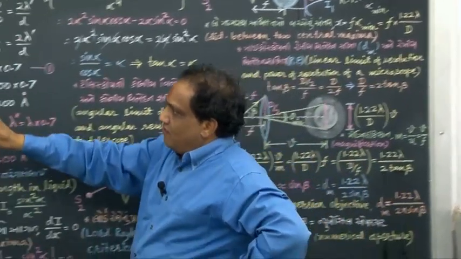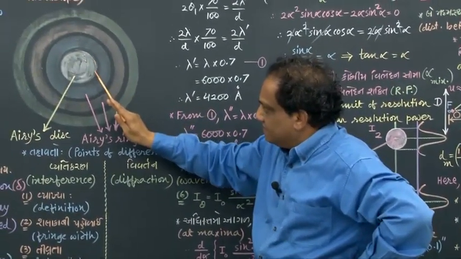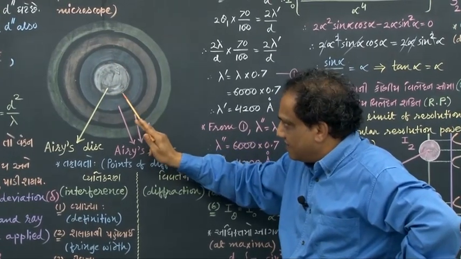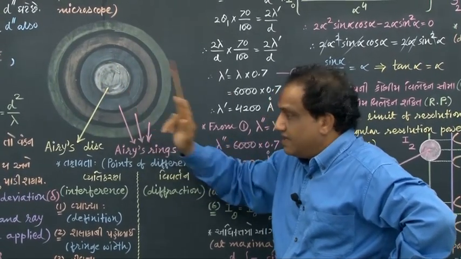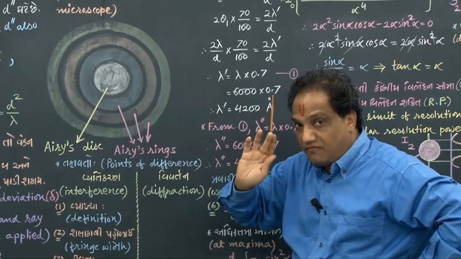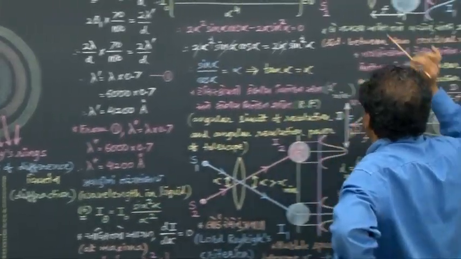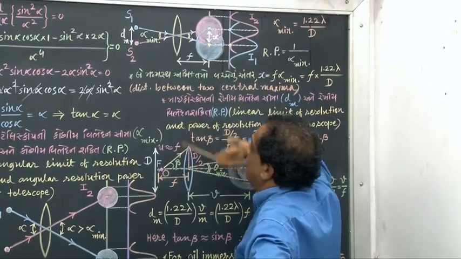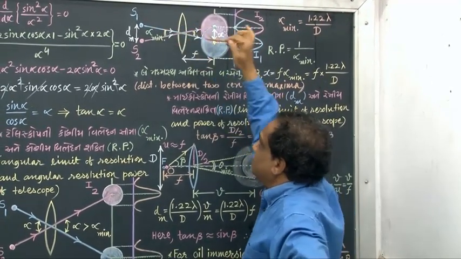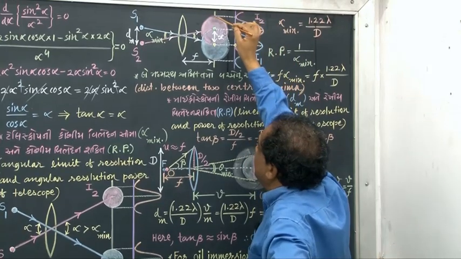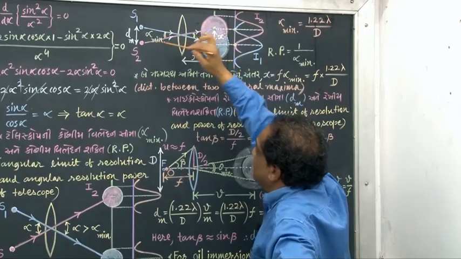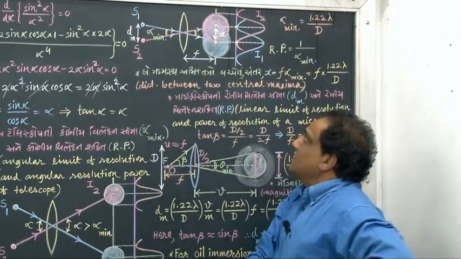When the central maximum is over, the surrounding black ring indicates the first order minimum. Similarly, here there is a first order minimum in the diffraction pattern of the second object.